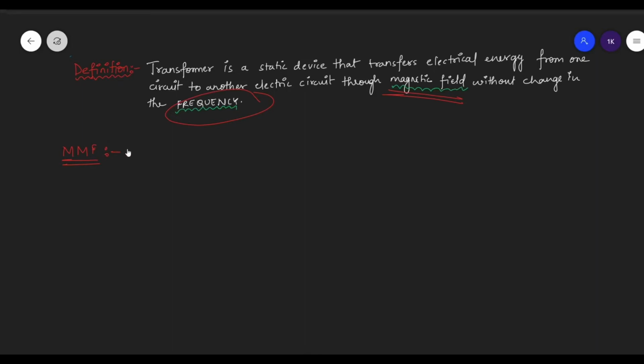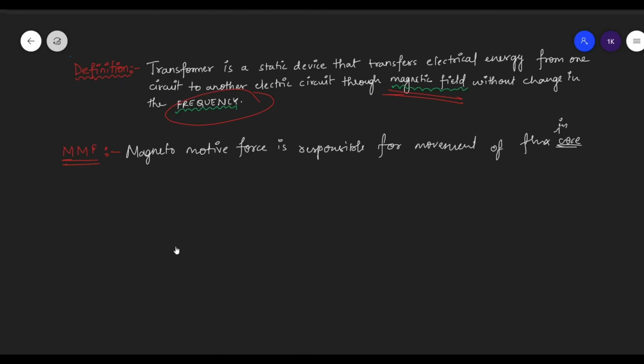Similarly, MMF, that is magnetomotive force, is responsible for movement of flux in the core, and here the core will be of a magnetic material like iron or any other magnetic material. We give MMF is equal to N into I.